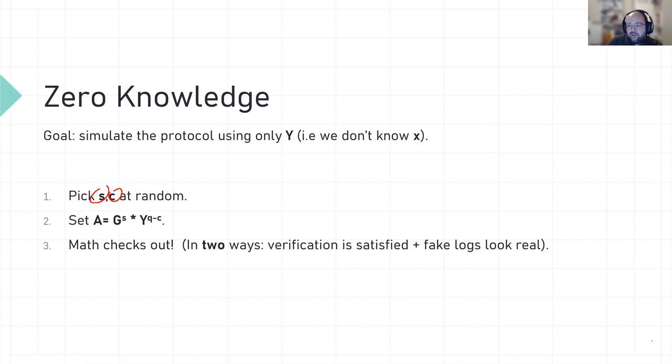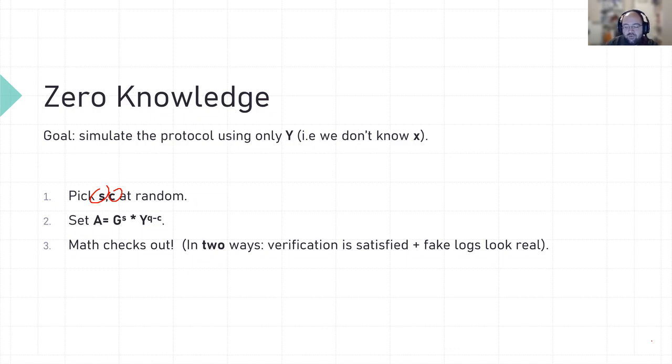And if S and C are uniformly random in both the real world and the simulation, and A is the only value that works, then the real protocols and the fake ones look the same. I'm glossing over a bit of statistics here, but it's nothing we need directly.